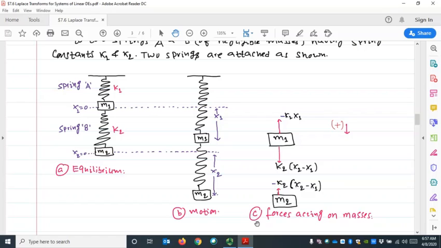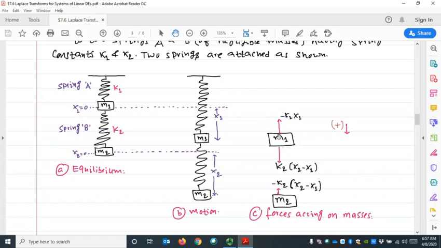So in the third diagram, let's talk about the forces acting on the masses. By the way, the downward direction is the positive direction. So on the first mass, M1, 2 forces are acting, one force is acting upwards, one force is acting downwards, and x2 minus x1 is the net elongation or net displacement.